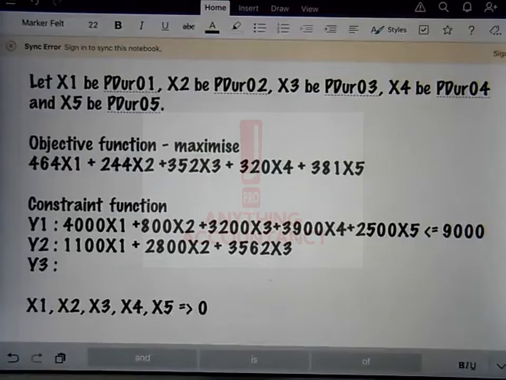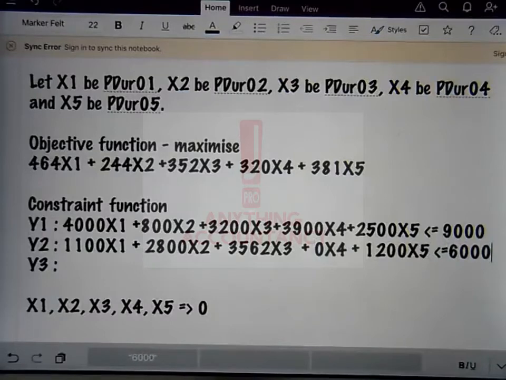You don't need to put 0x4, isn't it? Clear? Got it? Plus, but you want to just put it in x4 plus 1200x5, at most 6000. Got it? And the last one is what?